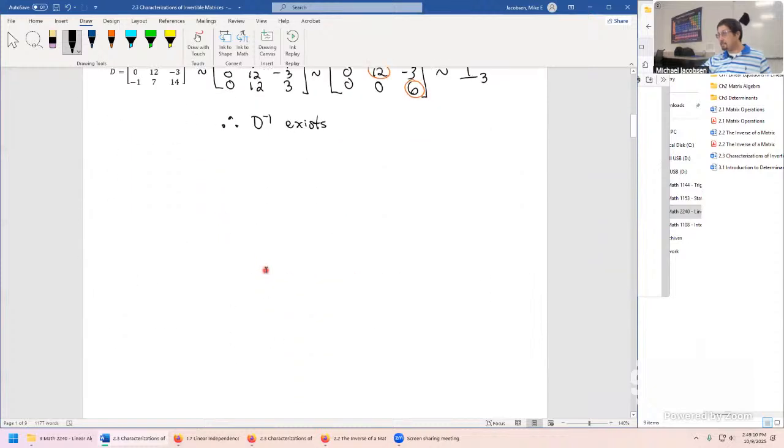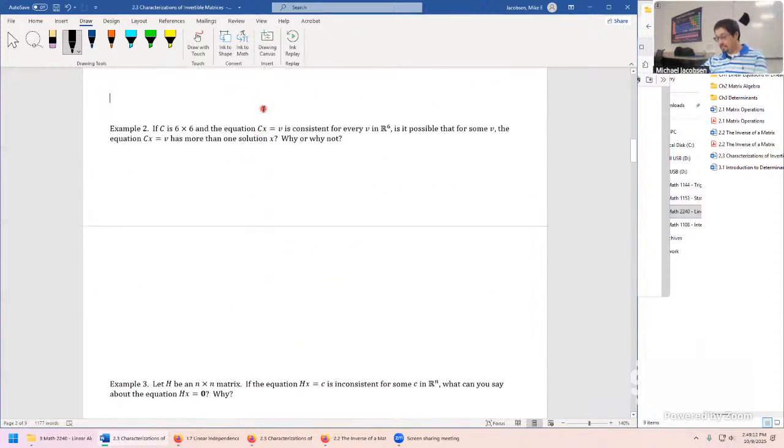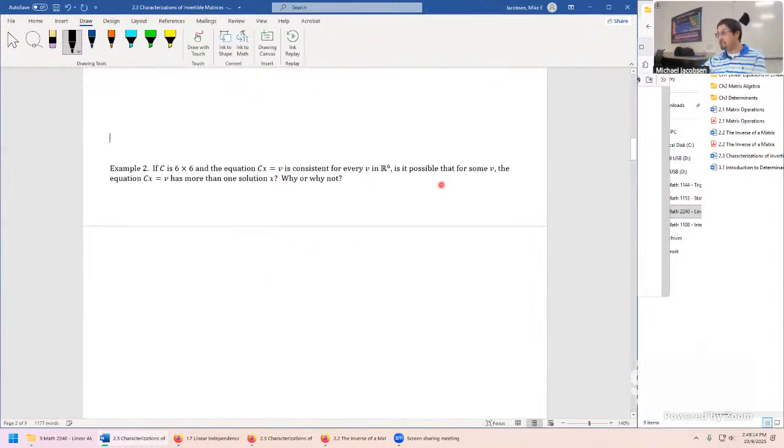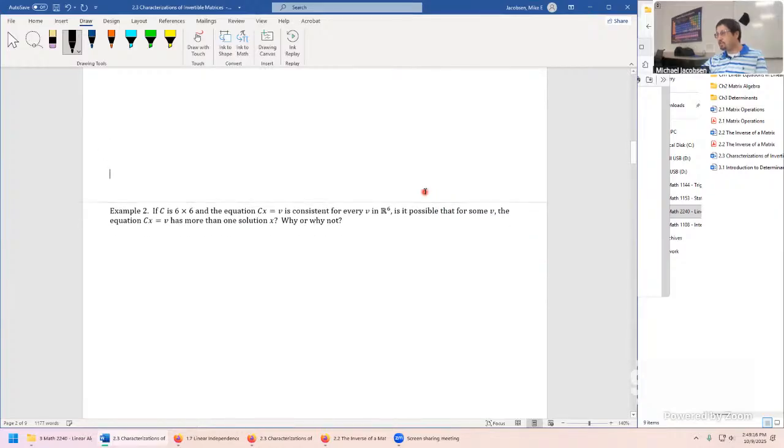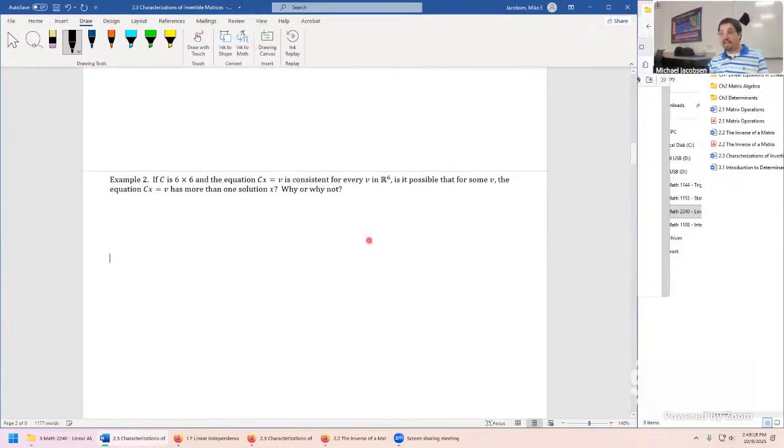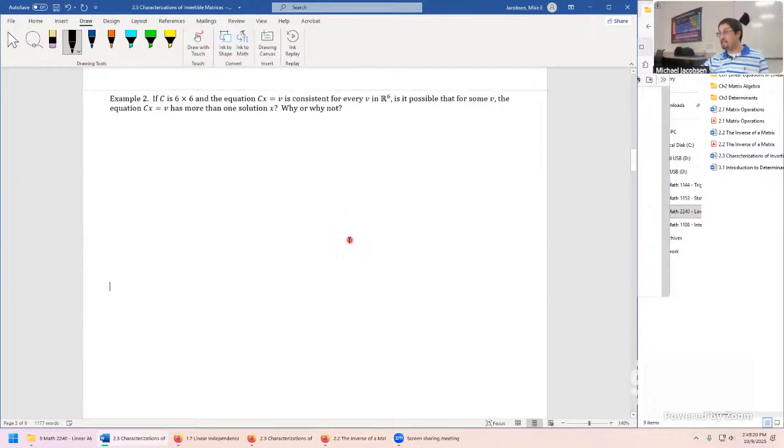Going down below, here's a couple more related concepts. These ones feel more abstract because we don't have an actual concrete matrix we're looking at. We just have some information about the matrix. This one happens to be of size 6 by 6. We know something about the equation: Cx equals v is consistent for every vector v in R6.